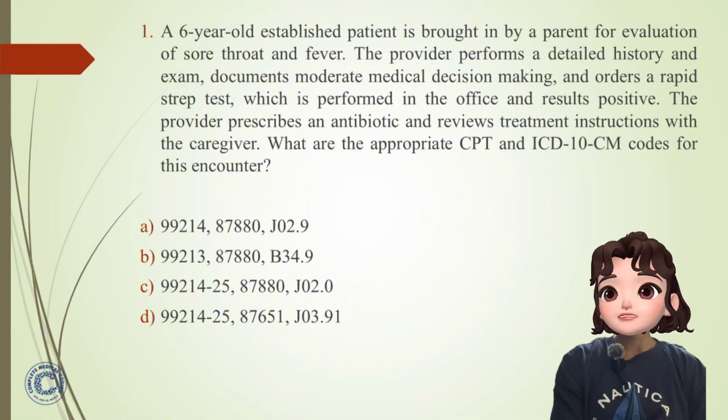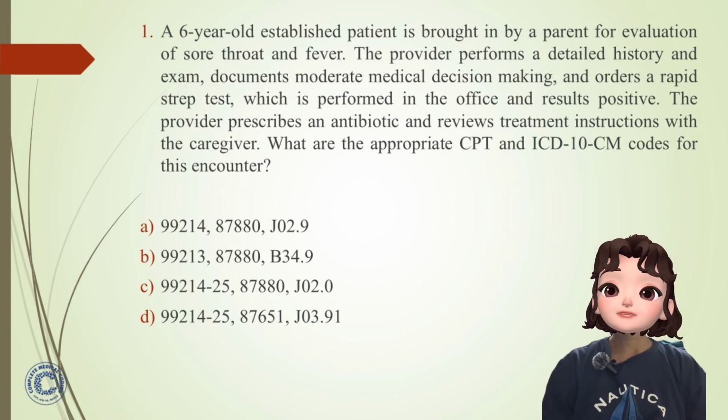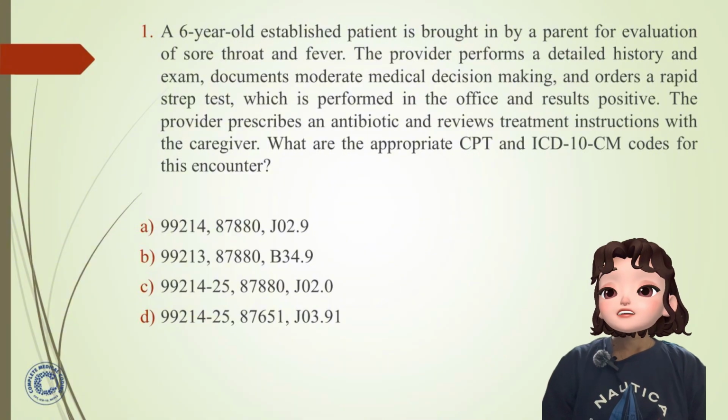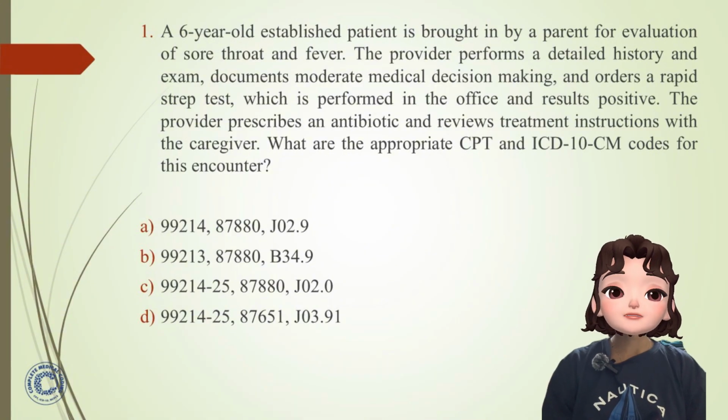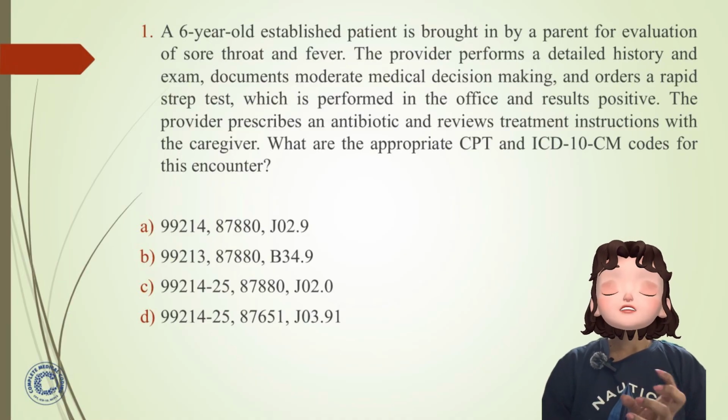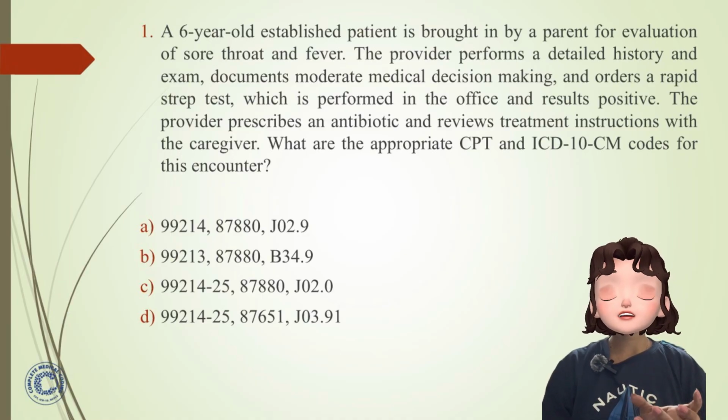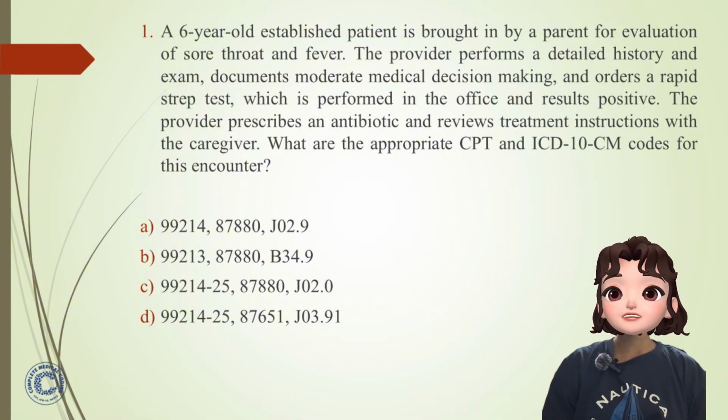All right, so first let's move to the options one by one. It is better to find the diagnosis first, right? Because if you check the options, it will be easy for you to find the diagnosis. If you find the diagnosis, you can just check the CPT code also. All right, still let's discuss all the options.